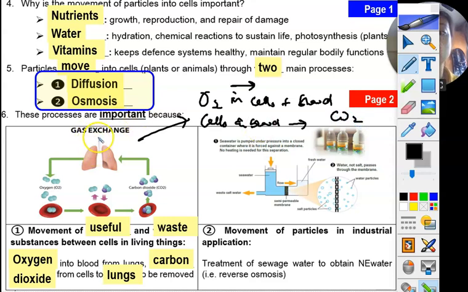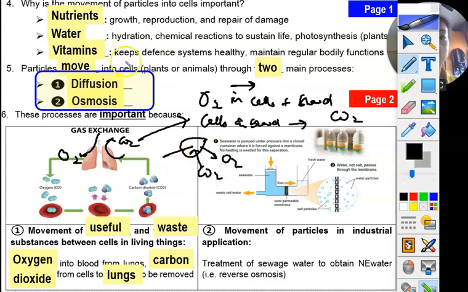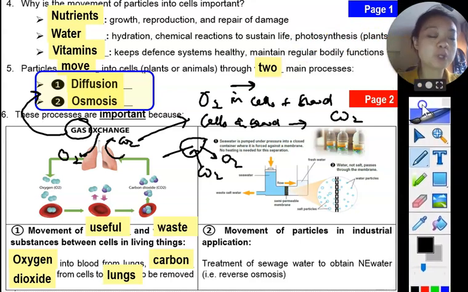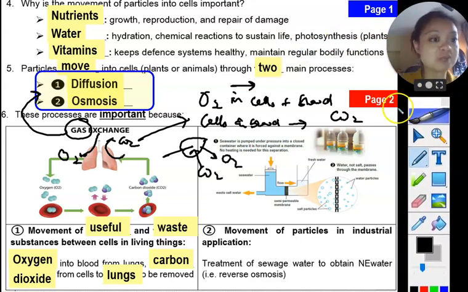All right, so oxygen goes in and CO2 goes out. Whereas in a plant, it would be the opposite. In a plant, CO2 goes in, but oxygen goes out. So gas exchange actually relies on one of these two processes, which we will figure out later, which is the process that will be involved in this gas exchange.